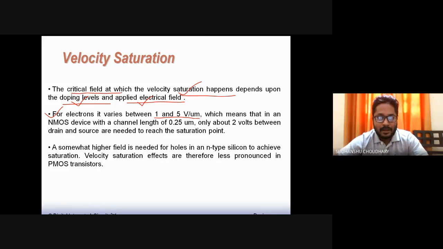For holes, a somewhat higher field is required to achieve saturation. Therefore, velocity saturation effects are less pronounced in PMOS transistors in comparison to NMOS transistors.